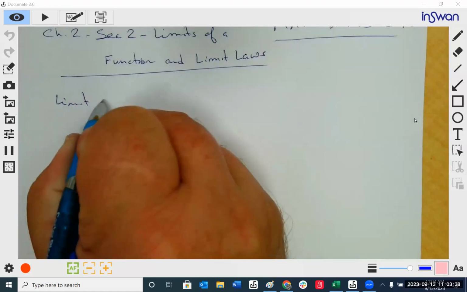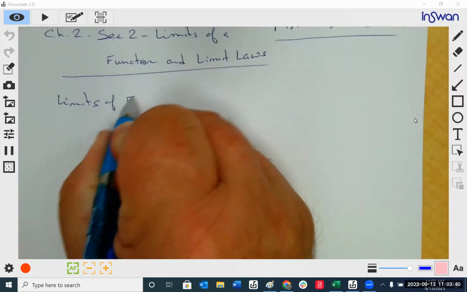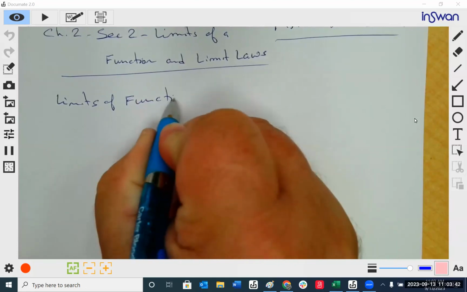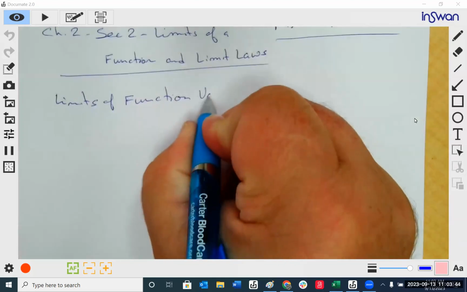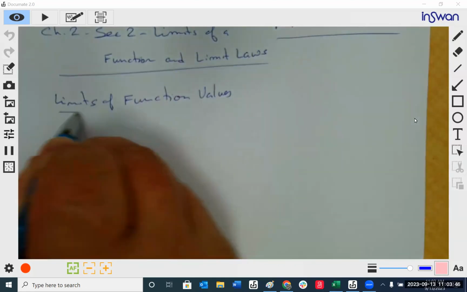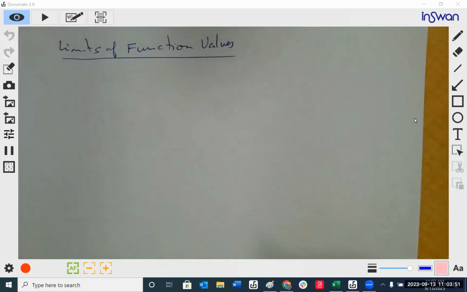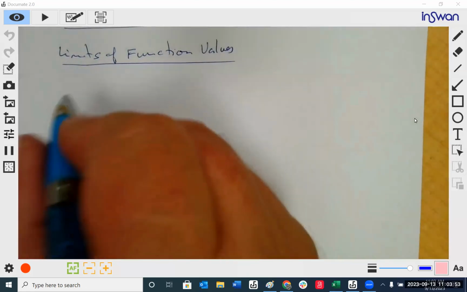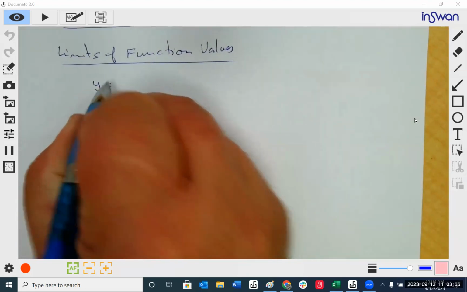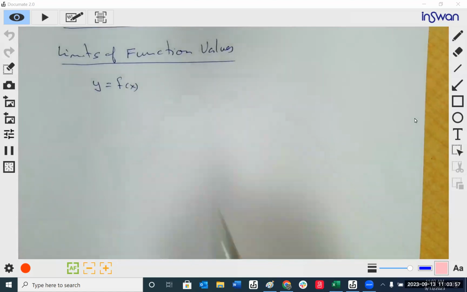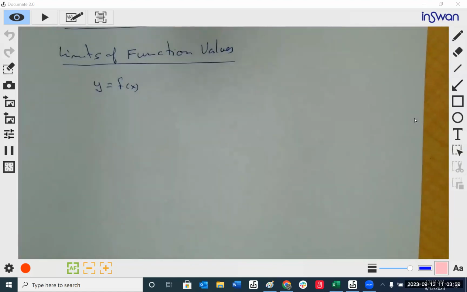The limit of function values. What we're talking about here, whenever we talk about limits and functions, there's a condition that we have to have.